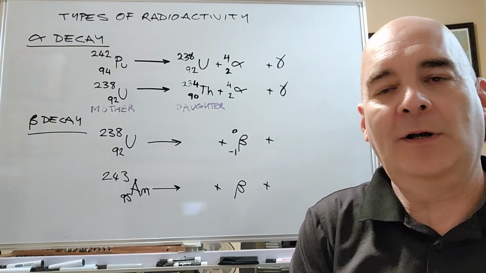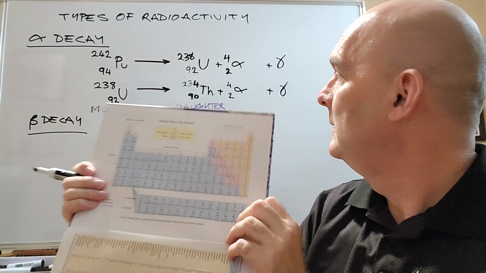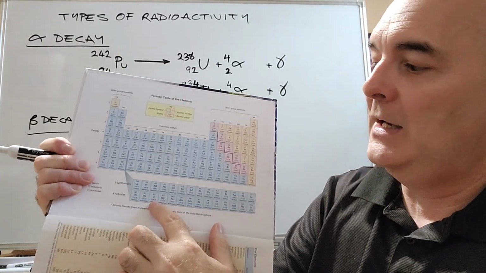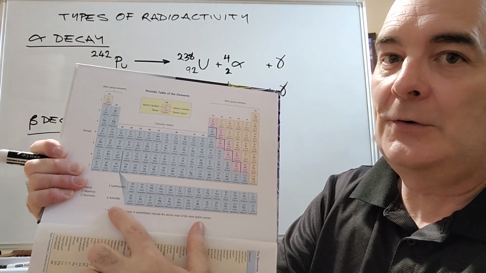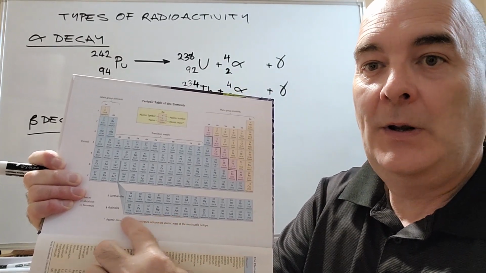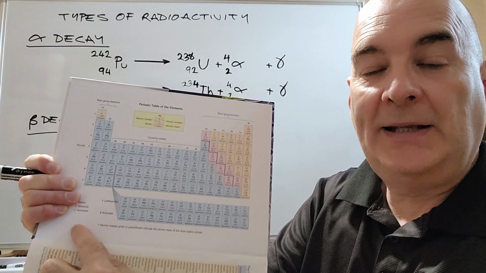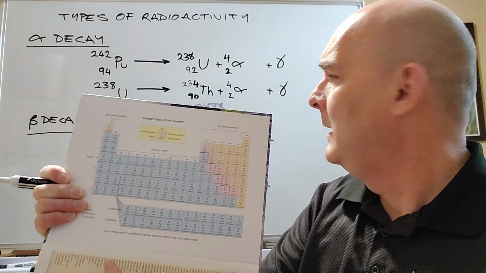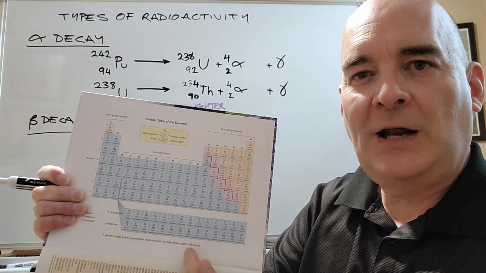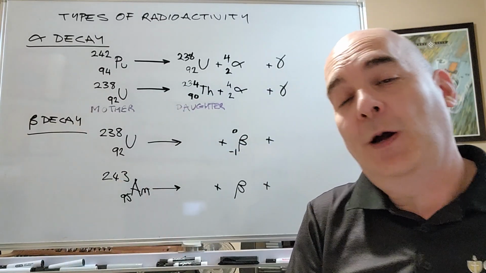On the periodic table, we started at plutonium, moved down to uranium, and then moved down to thorium. We moved from a heavy isotope down to a lighter isotope. Beta decay is going to push those numbers back in the opposite direction, which is probably a key why we need both of them.